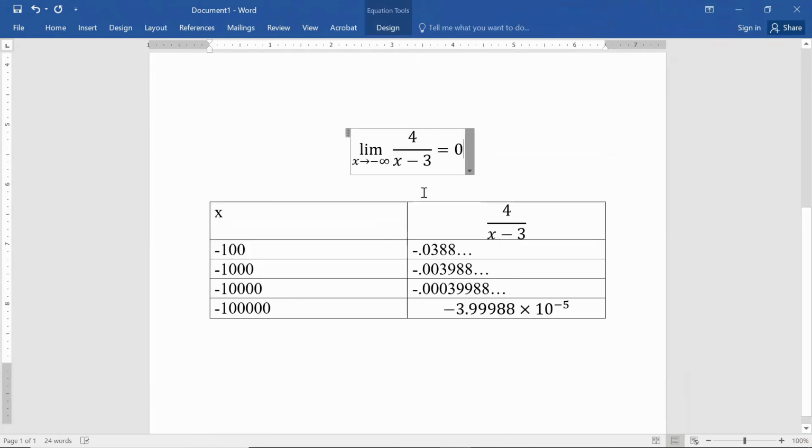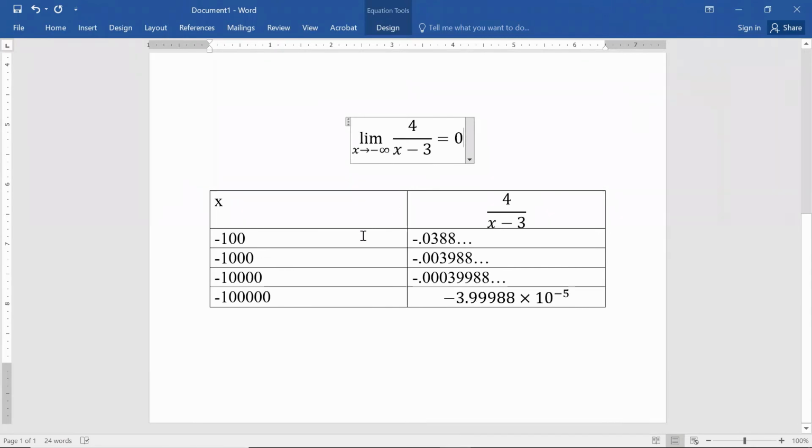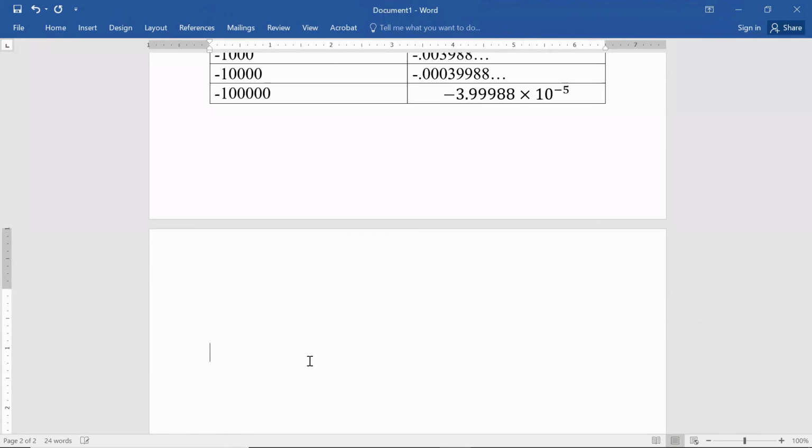So there's this little interplay between infinity and 0 here, and fractions. In particular, we see that if we have something like 4 over 0, we could get plus or minus infinity as my form. But if I have something like 4 divided by plus or minus infinity, I'm getting 0.